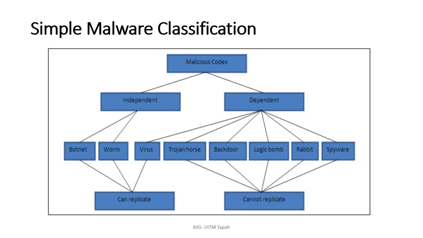All this kind of malware is dependent on the host, on the machines, to be infected. Without the host or machine, that particular malware will not be executed. It cannot be replicated.